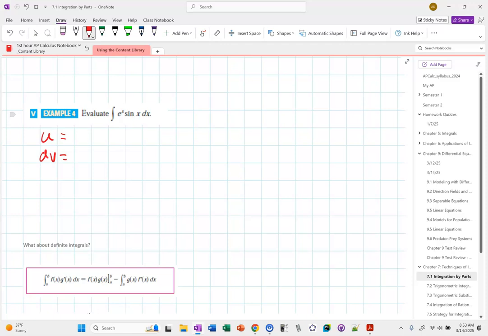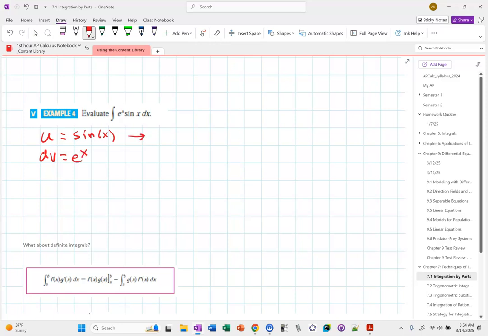What do you guys think here? Which one? Anybody got an idea? Any instinct? What should be my u? What should be my dv? You want to do u as sine x, huh? Okay, let's try.